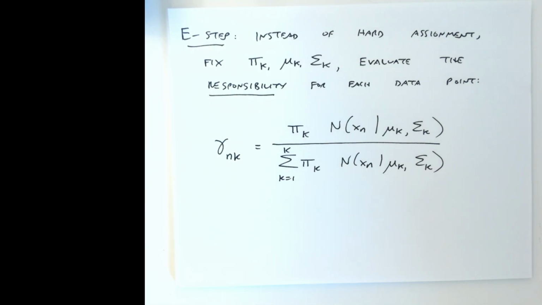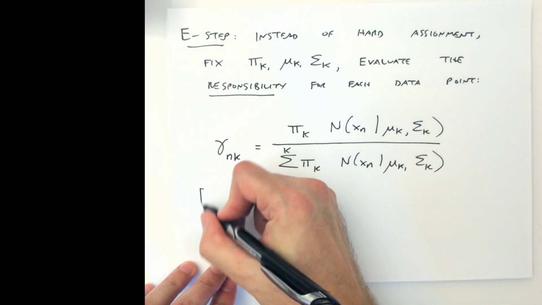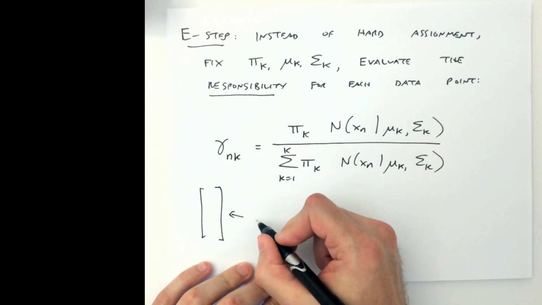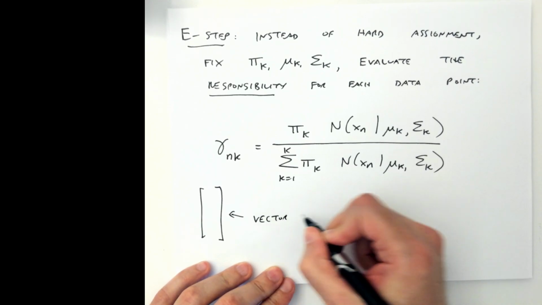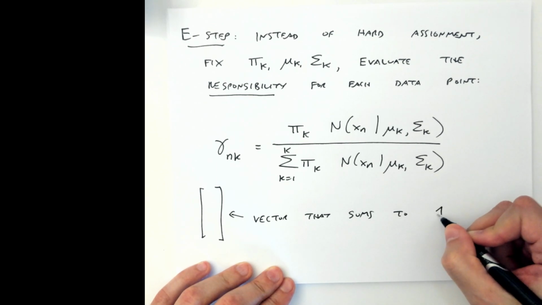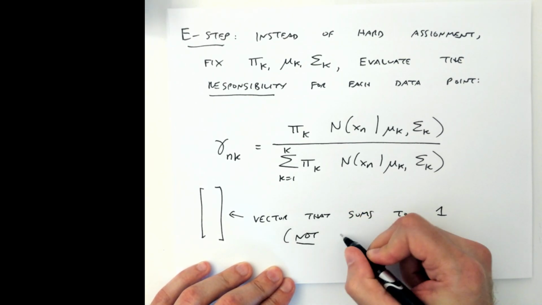So this is like saying for every point I have a vector, right? Playing the role of the one-hot binary vector from k-means, except this vector is no longer binary. It sums to 1, but is not binary.